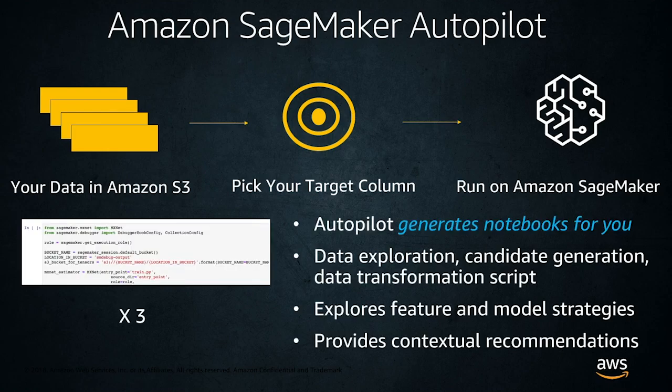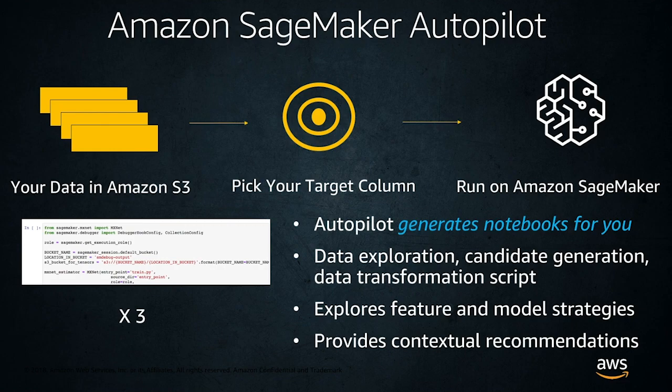What's exciting is that all of this content is generated for us. Autopilot is generating notebooks for every stage of the process. Again, that's going to handle data exploration, what we call candidate generation, or Autopilot's ability to generate potential models that it will tune and train downstream.